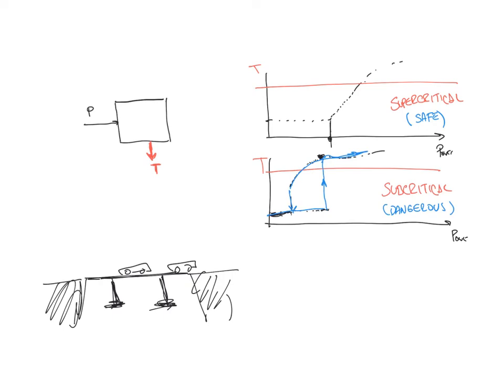But you could design a bridge to be a supercritical system or a subcritical system. You can think about the beam, and you keep increasing the load, maybe more cars, maybe a truck, and little by little the beams start to buckle a bit.